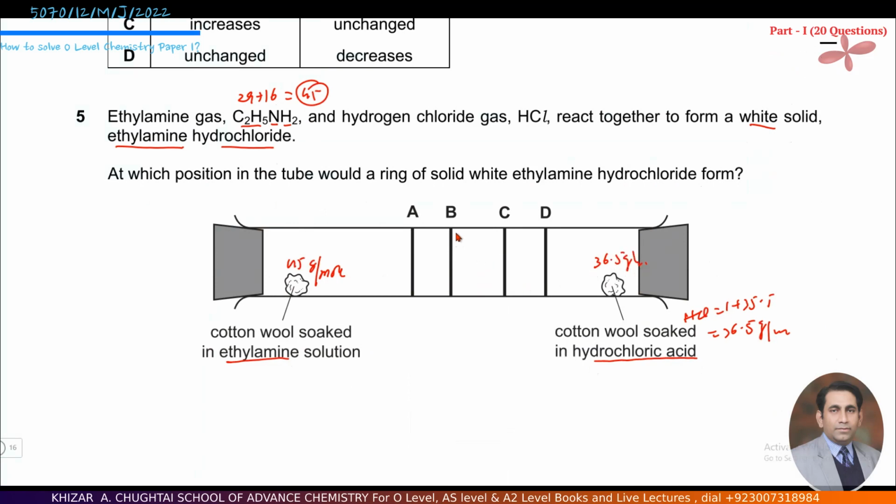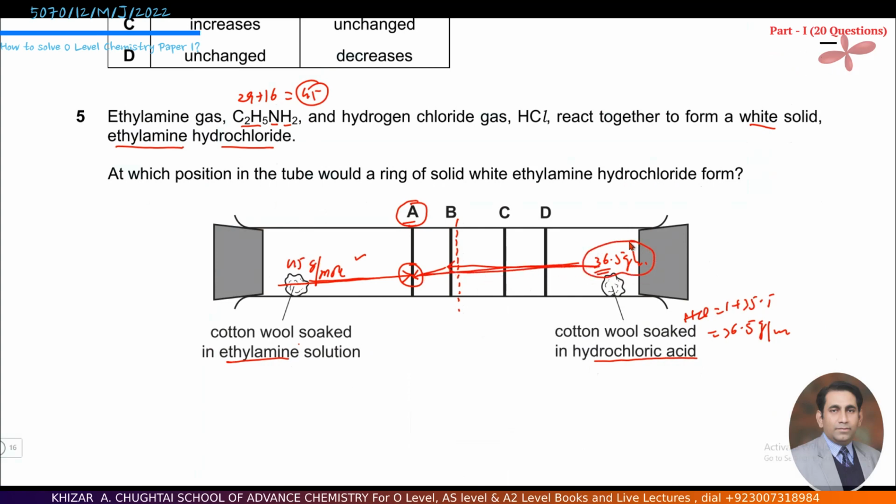I'm going to put a line almost at the middle of the tube. Which gas will pass through this line first? Obviously, the gas that has the lower mass will cross this line first. And then they will meet together at a point. So the possible answer is A. They are highly likely to encounter each other at this point, because the distance traveled by ethylamine is smaller, while the distance traveled by HCl is higher.